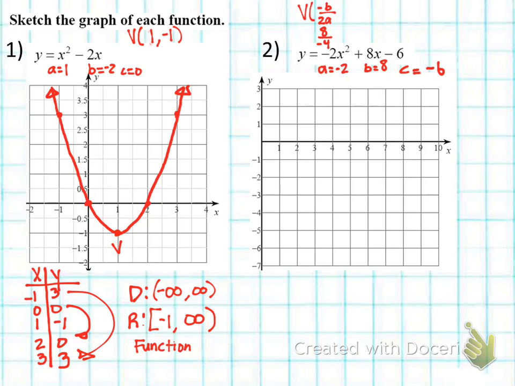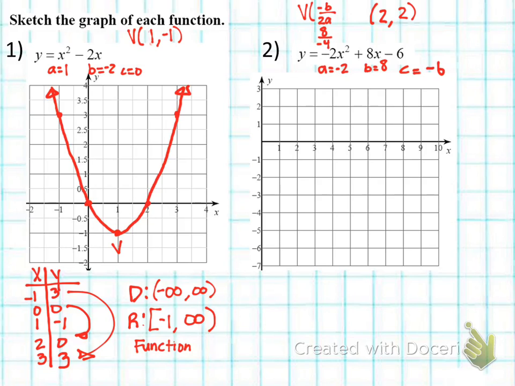So we're at 8 over negative 4, which is equal to 2. So our vertex is at 2 something. To get the other number, you plug it back in. 2 squared is 4 times negative 2 is negative 8. 8 times 2 is 16, so negative 8 plus 16 is positive 8. Minus 6 is positive 2. So our vertex is at 2, 2.